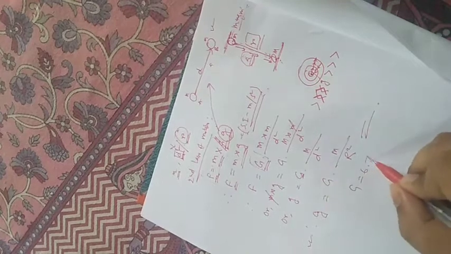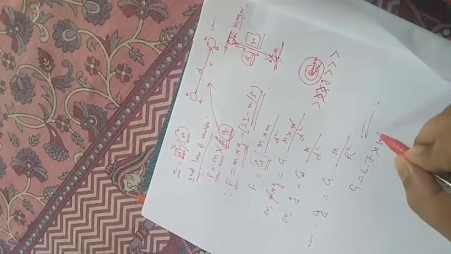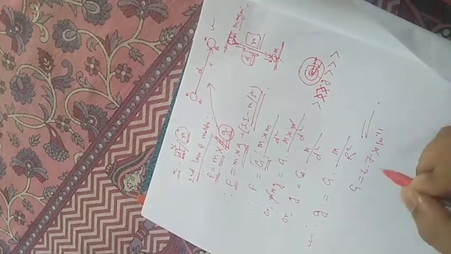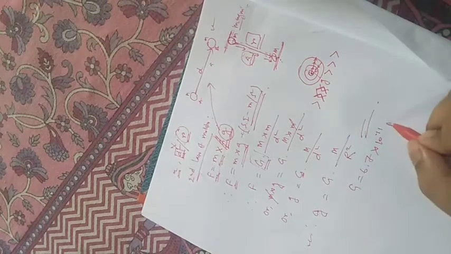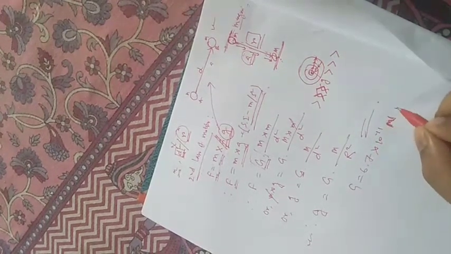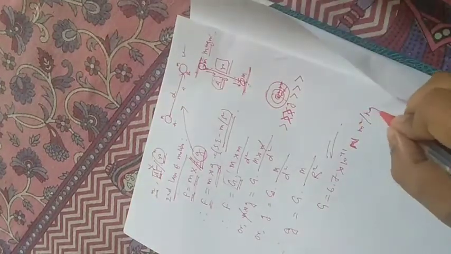It's about 6.7 into 10 to the power minus 11 newton meter square per kg square.